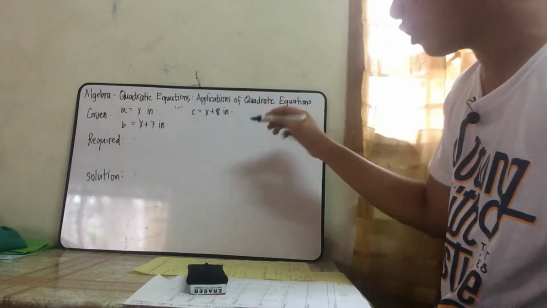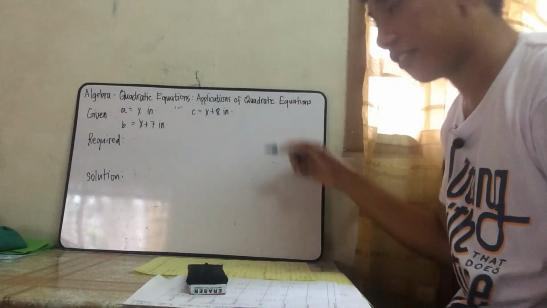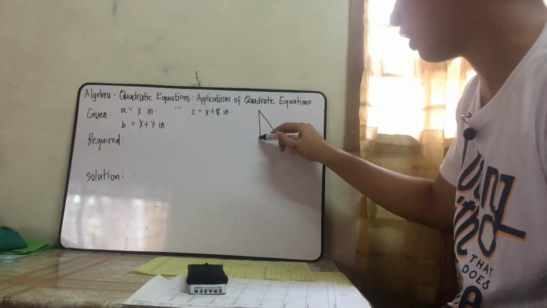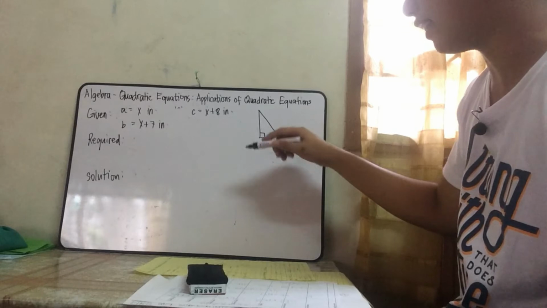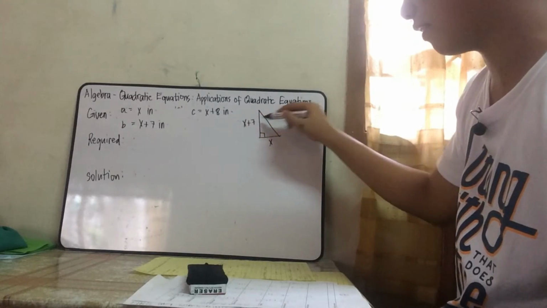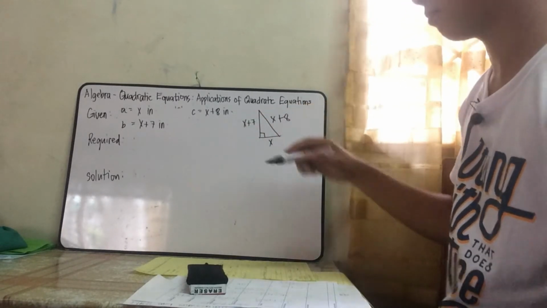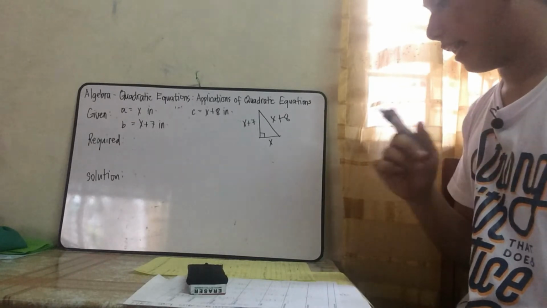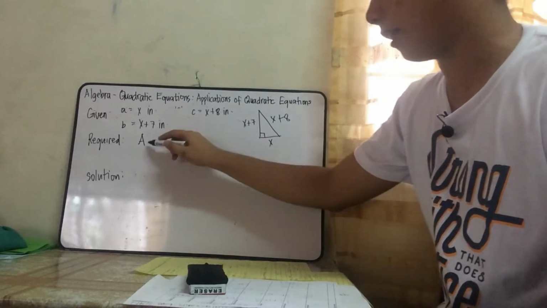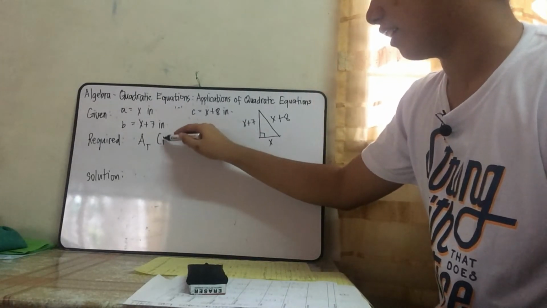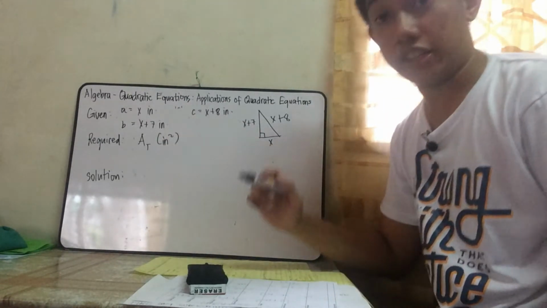And in order for us to understand the problem, we will construct an illustration, a right triangle. So this puts x here, x plus 7, and x plus 8. And the required here is the area of the triangle in square inches.